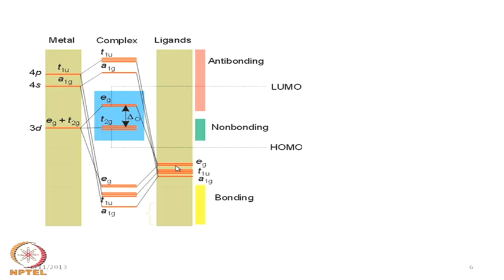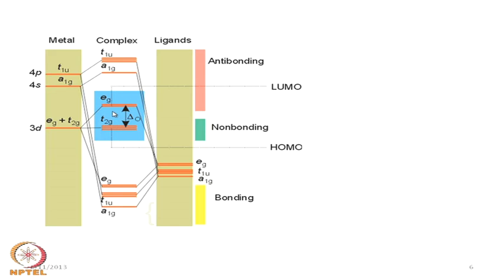That means the metal-ligand overlap of the EG orbitals from the ligand side does control this particular energy gap. It is not the entire crystal field which is responsible; we are talking in terms of some interaction from the ligands which give strong interaction.